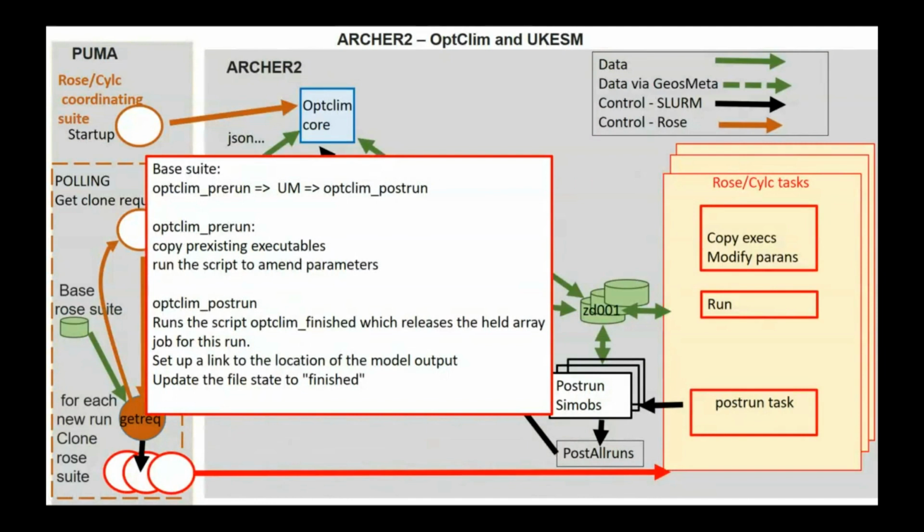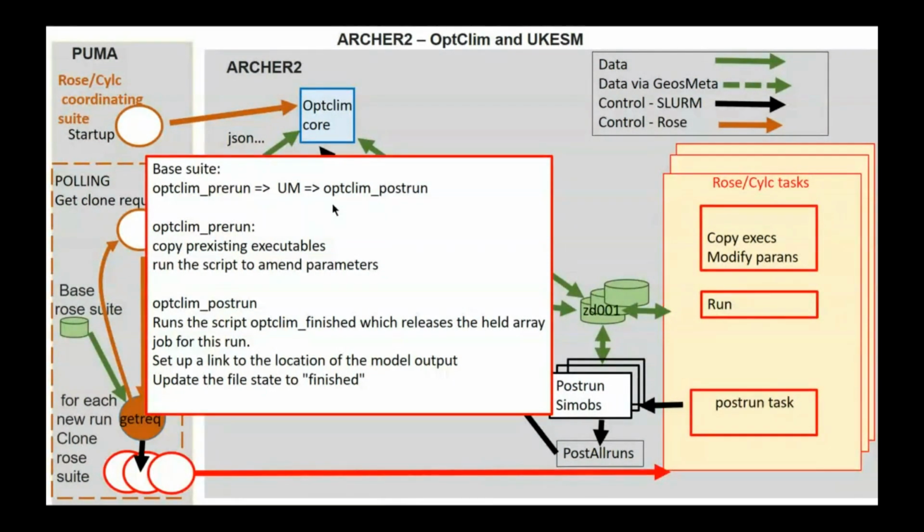In the base suite, either side of running the model itself, we insert two tasks, a pre-run task and a post-run task. The pre-run task copies executables, and then uses some code we wrote to amend parameters in the suite definition files.